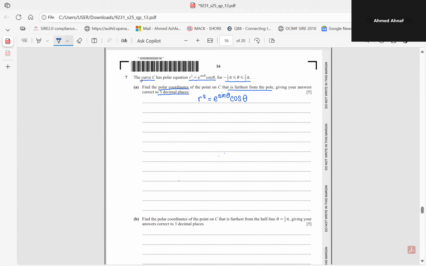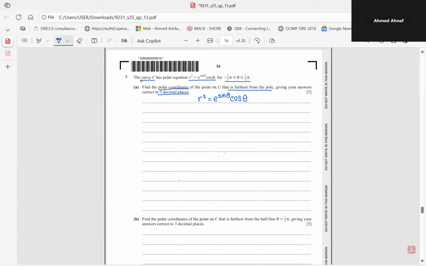This is implicit differentiation. For the right-hand side, we're going to use the product rule. First, we differentiate e to the sine theta, which is cosine theta times e to the power of sine theta times cosine theta. So this is cosine squared theta times e to the power of sine theta.